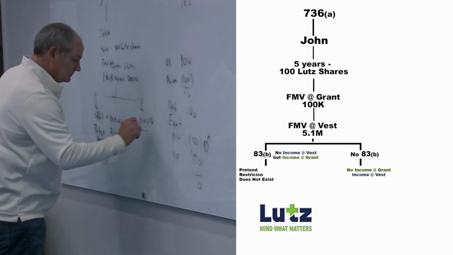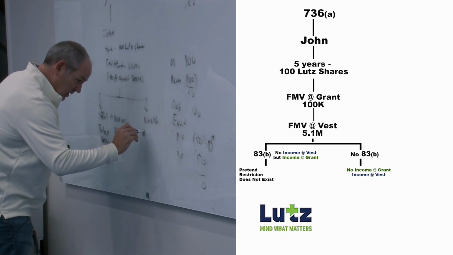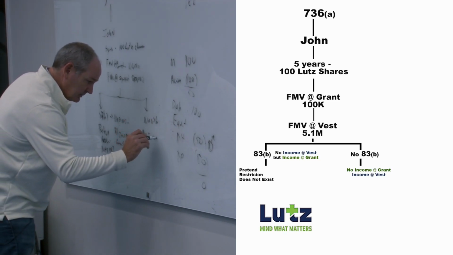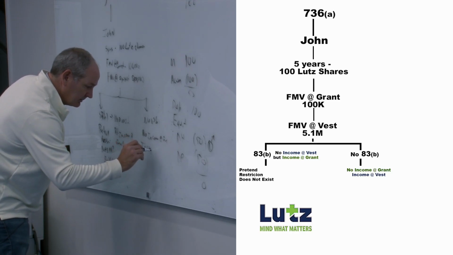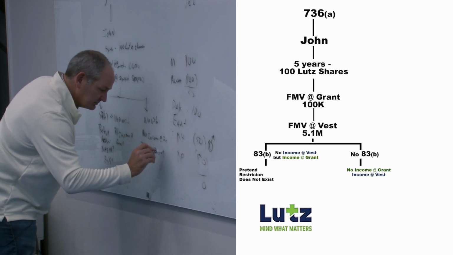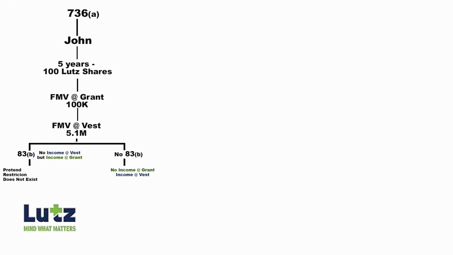Everybody in tune with that? No 83(b): no income at grant, income at vest. And if you leave in the middle, you don't get a loss. So why in the hell are we talking about 83?